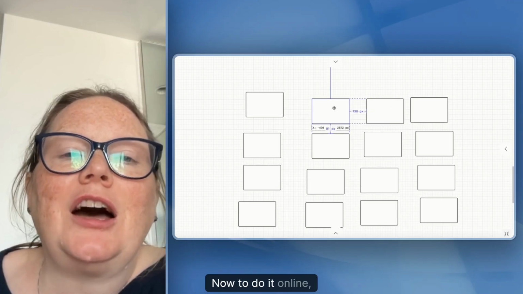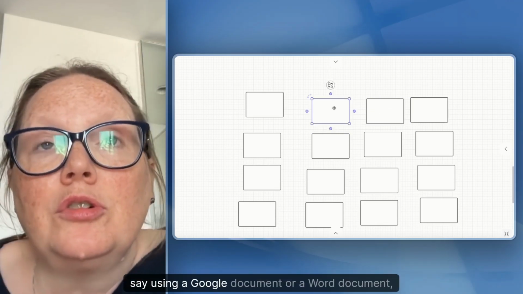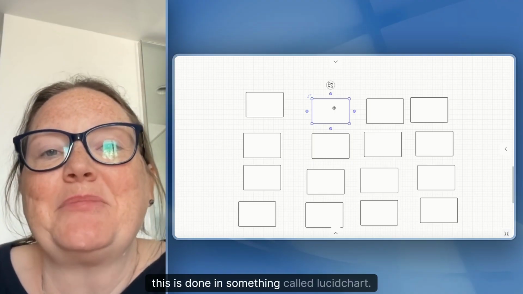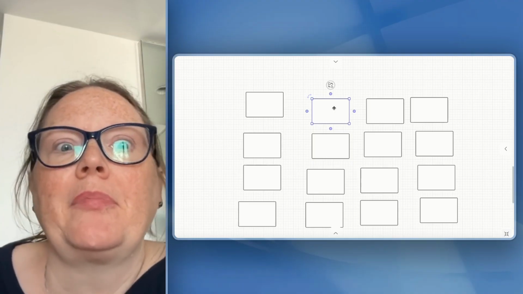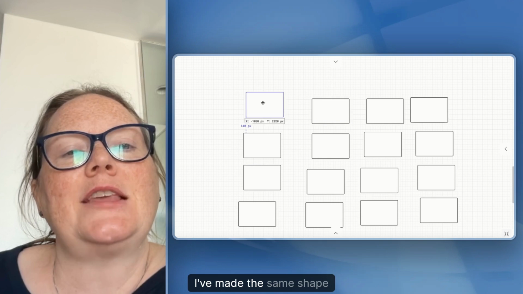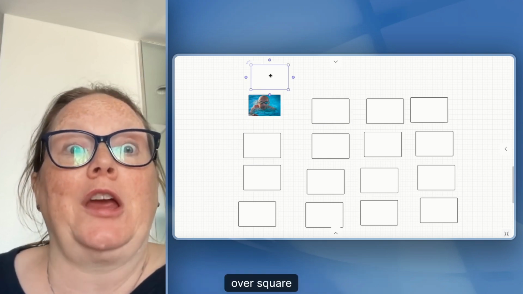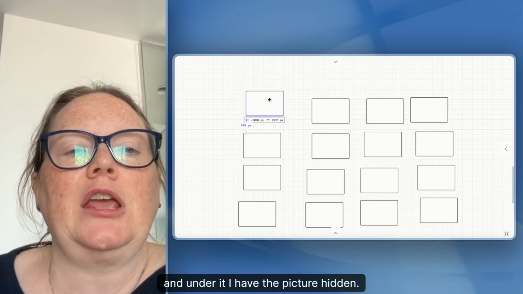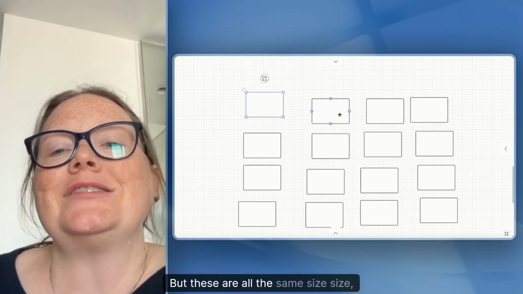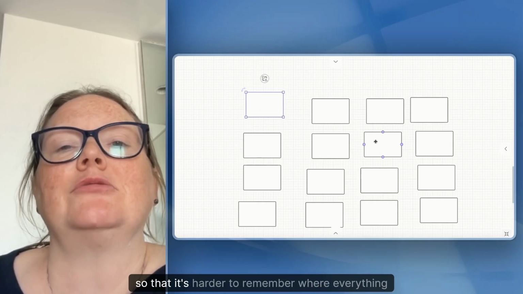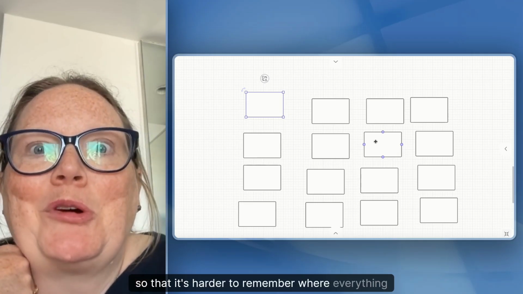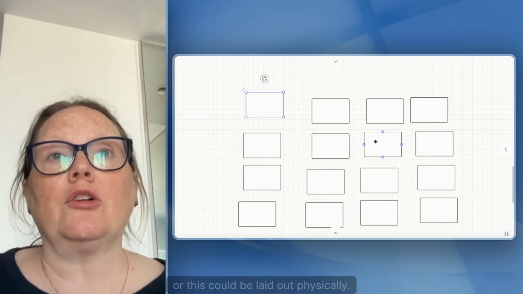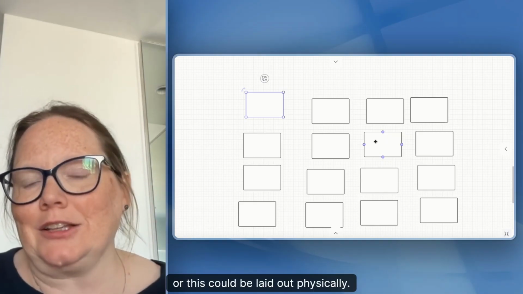To do it online, say using a Google document or a Word document, this is done in something called Lucidchart. I've made the same shape, square or rectangle, and under it I have the picture hidden. But these are all the same size so that it's harder to remember where everything is. So this can be done here, or this could be laid out physically, right?